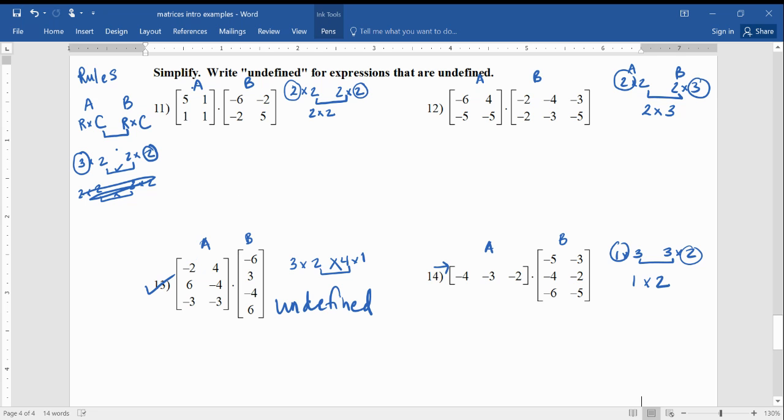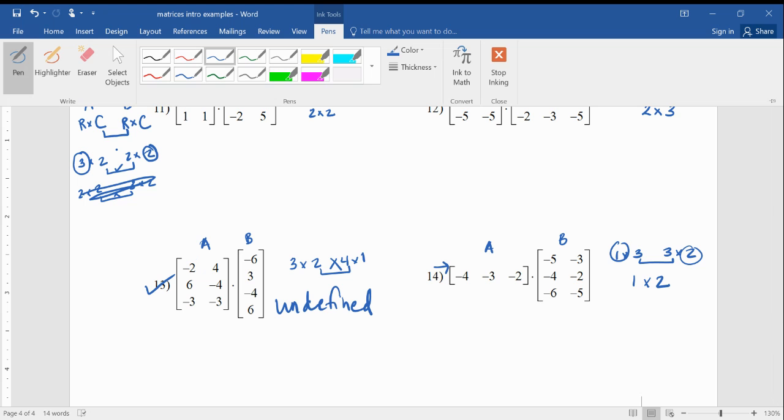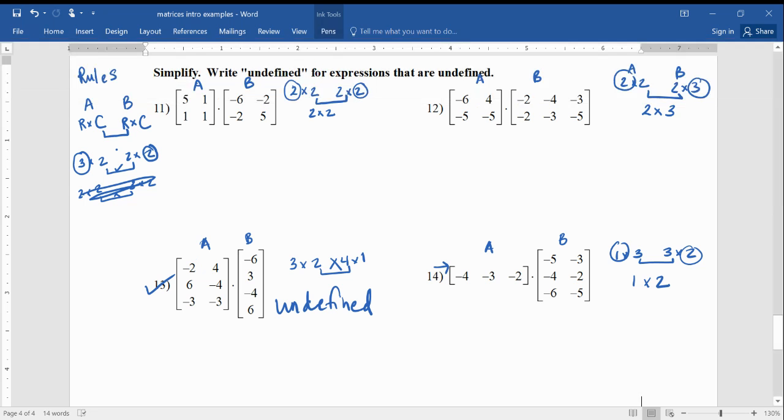Okay, so here we go. When you multiply matrices, this is what I want you to think about. We multiply matrices by multiplying rows by columns. Rows times columns. We know the answer matrix is already a 2 by 2. So I'm going to draw a big matrix here, and we'll condense it down in a second.